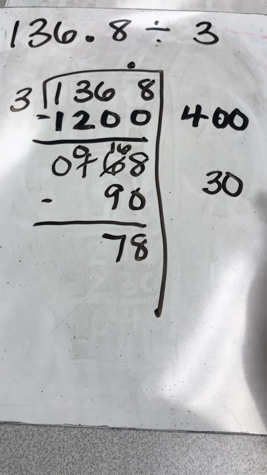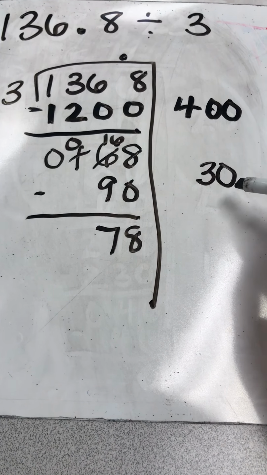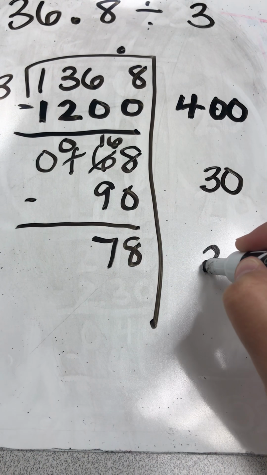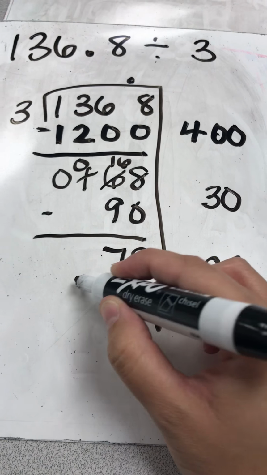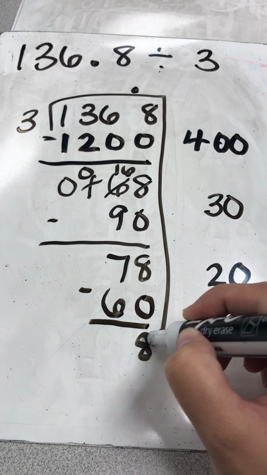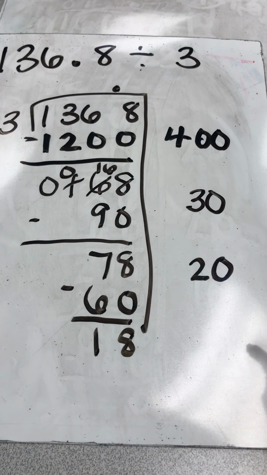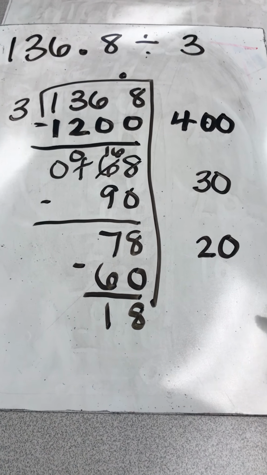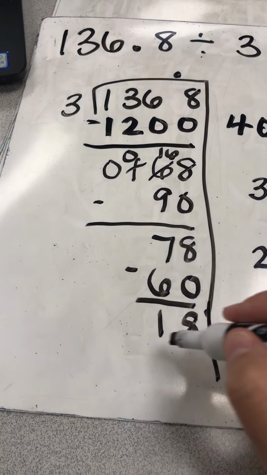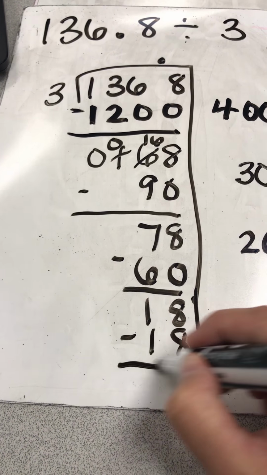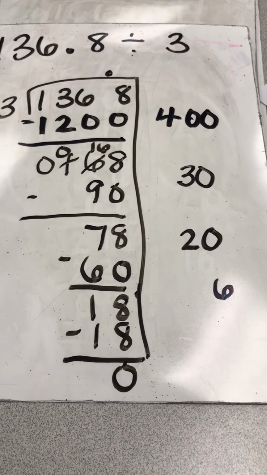I'm thinking I can't do another 90, so maybe I know 3 times 20 is going to give me 60. So I will subtract that, and I will be left with 18. Now this is a good number that I can finish with. I know that 3 times 6 will give me 18. When I subtract that, I have 0 left over.